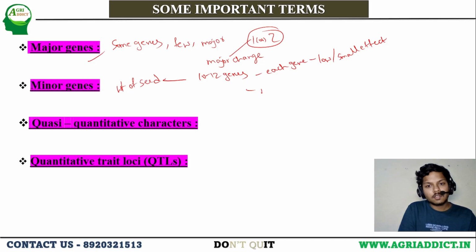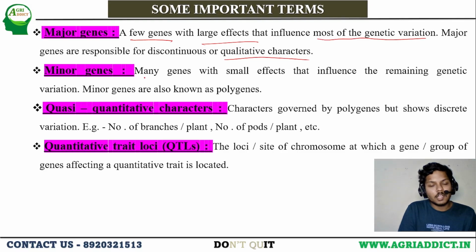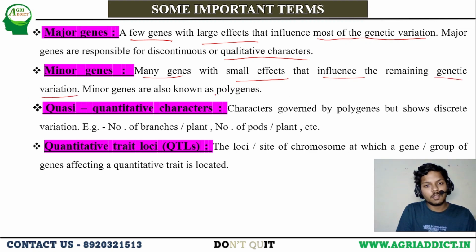So we call it a minor gene. Means there will be many genes, but the effect will be small, influencing the genetic variation. So we call these polygenes because many genes are showing the influence in small effects.